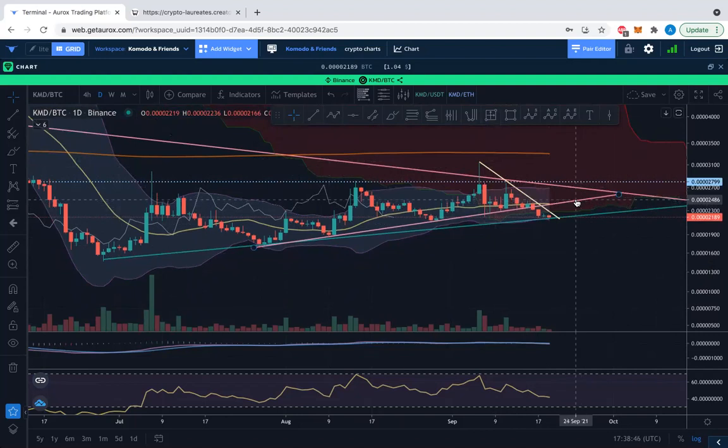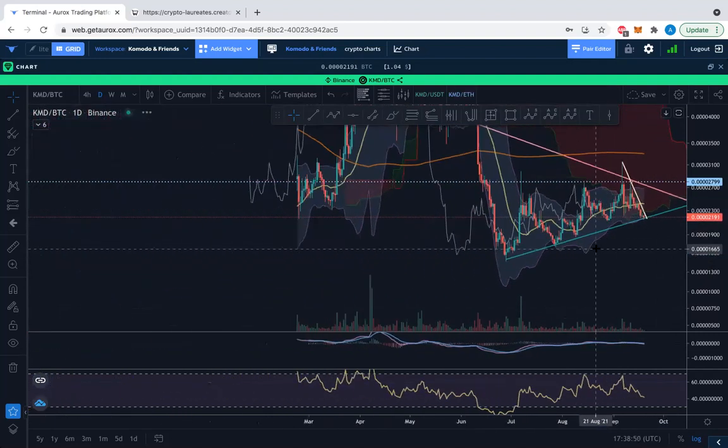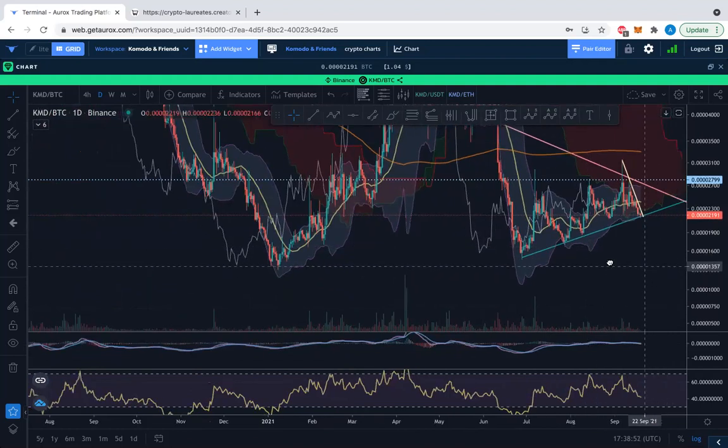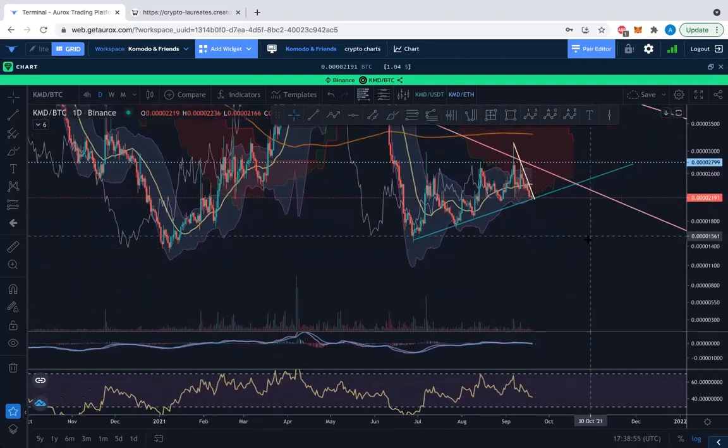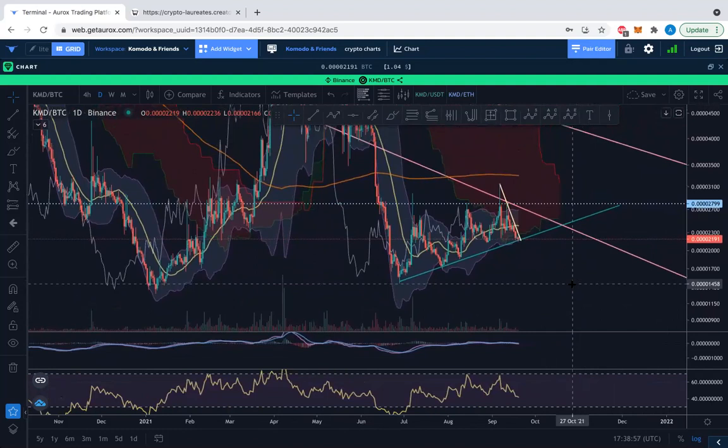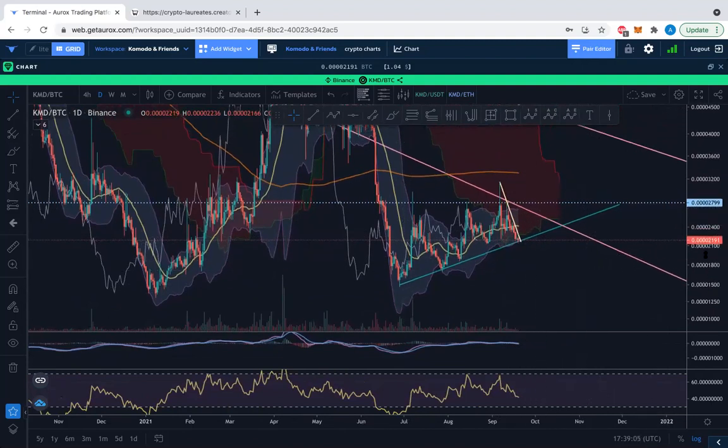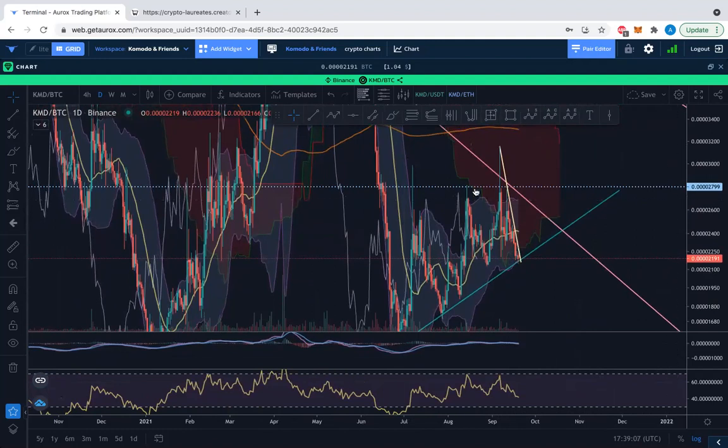So what are we going to do? We're going to get rid of you. Goodbye. And now we are confirming that this is our trend line currently. Now what's going to happen with that? Well, let's see. This is a key area here. What's happening with the Komodo platform?